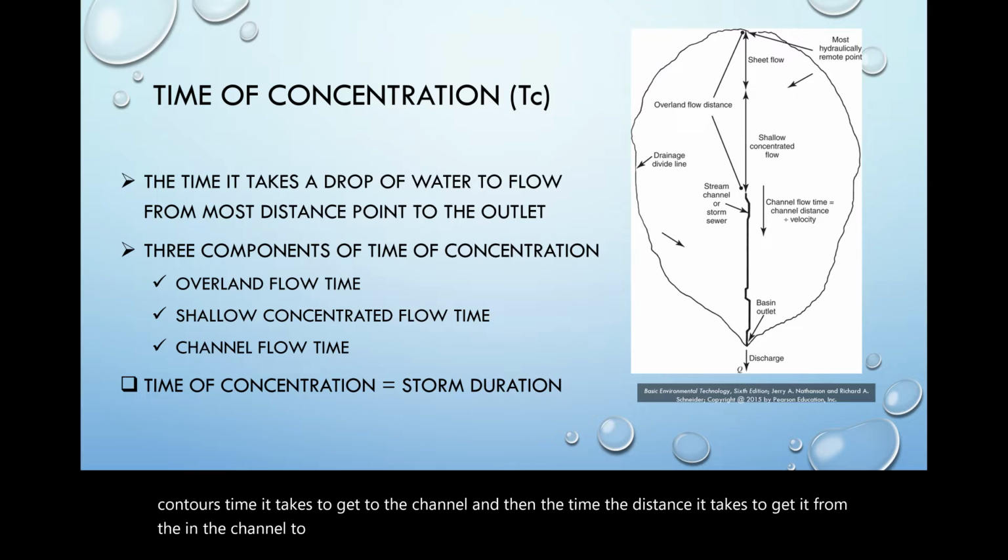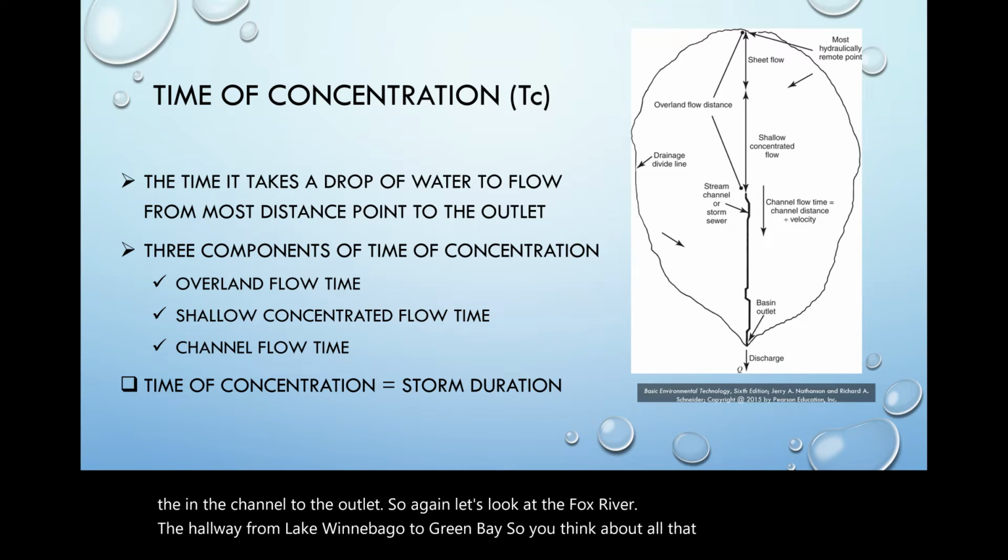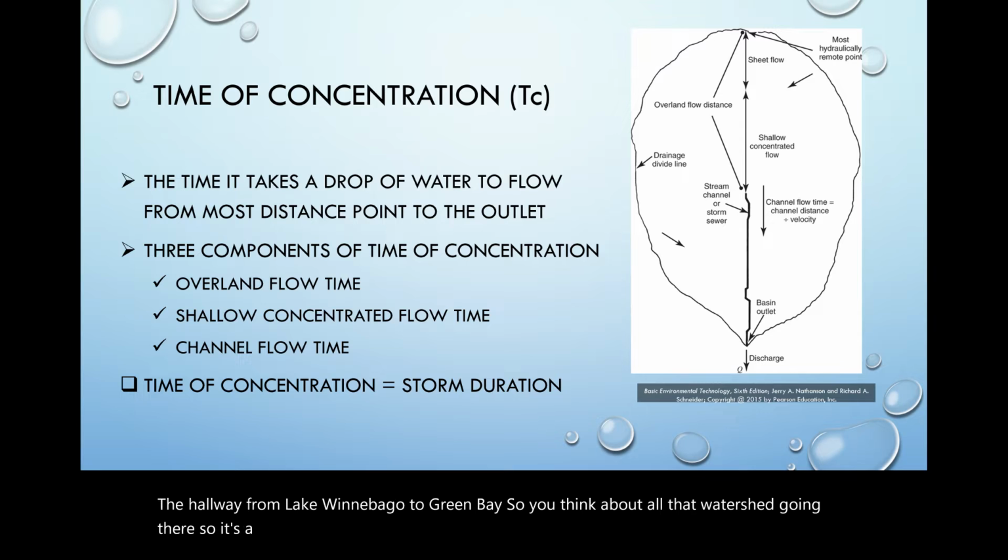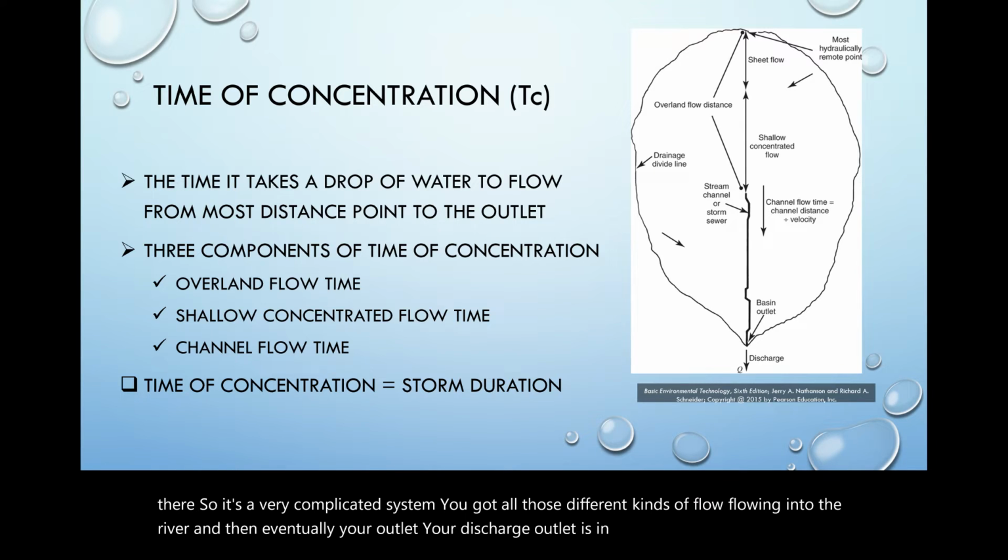So again, let's look at the Fox River, all the way from Lake Winnebago to Green Bay. So you think about all that watershed going there. It's a very complicated system. You've got all those different kinds of flow flowing into the river, and then eventually your discharge outlet is in the Bay of Green Bay at the mouth of the Fox River.